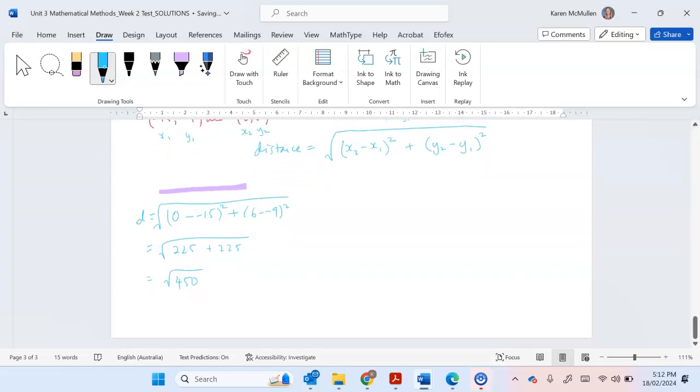I can see I've got 225 in the previous question, so that's going to be 15. So 225 times 2. That's going to help us simplify that surd. The square root of 225 is 15, so we have 15 root 2.